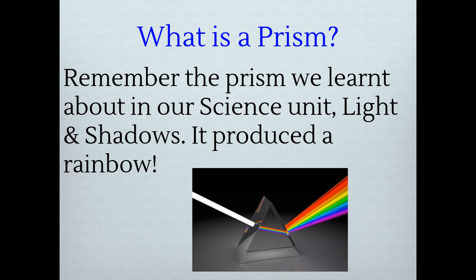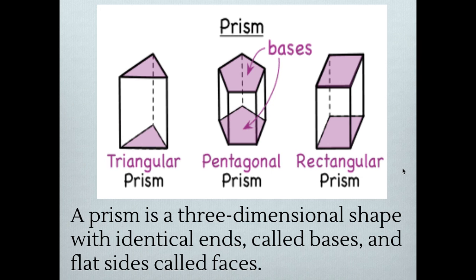What is a prism? Remember the prism we learned about in our science unit, Lights and Shadows? It produced a rainbow. Prism. A prism is a three-dimensional shape with identical ends called bases and flat sides called faces.